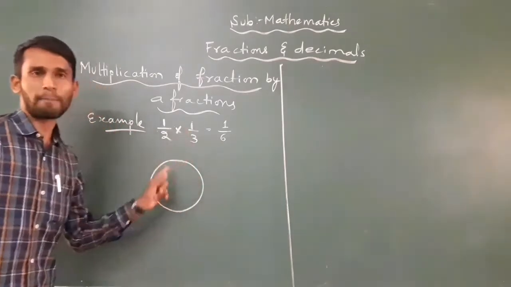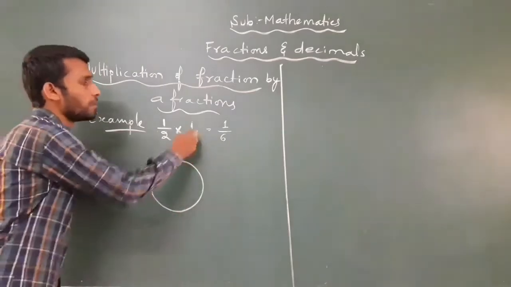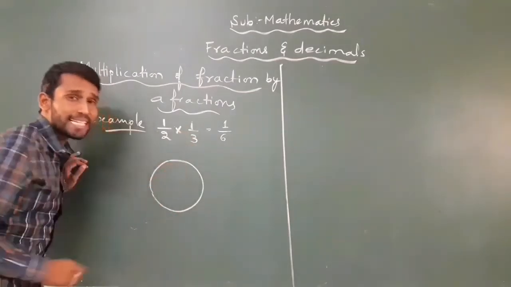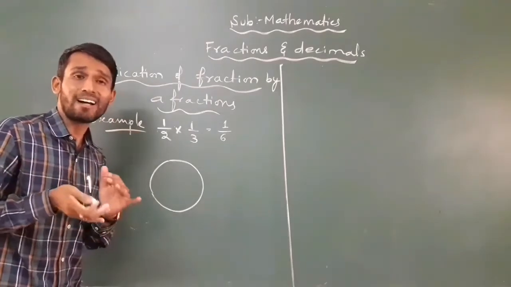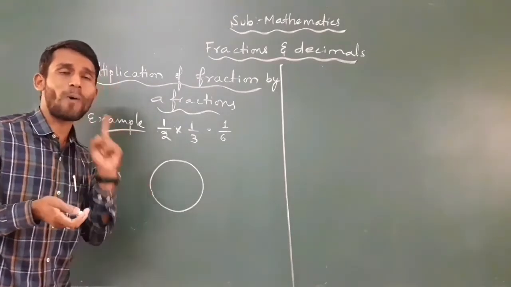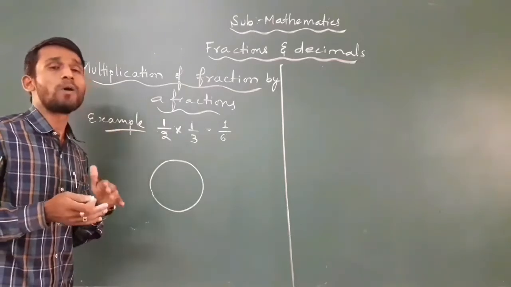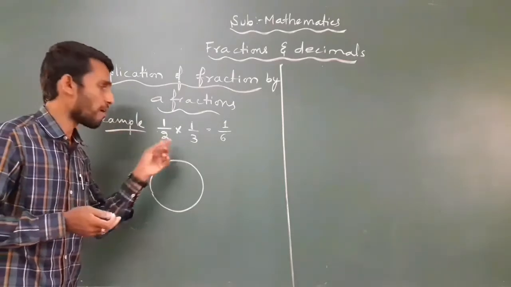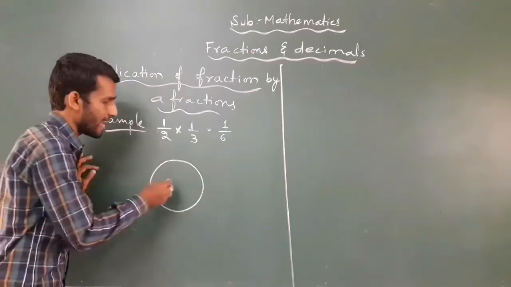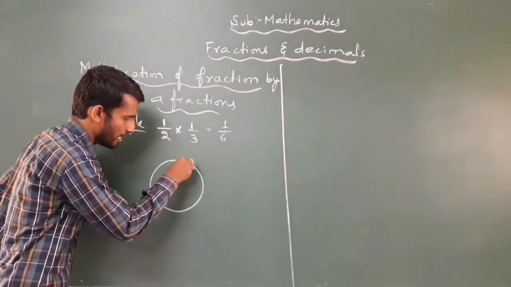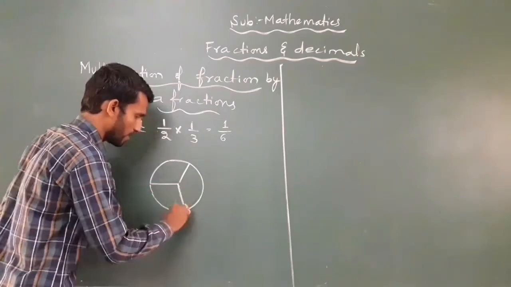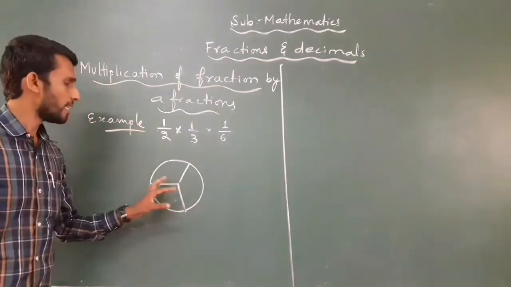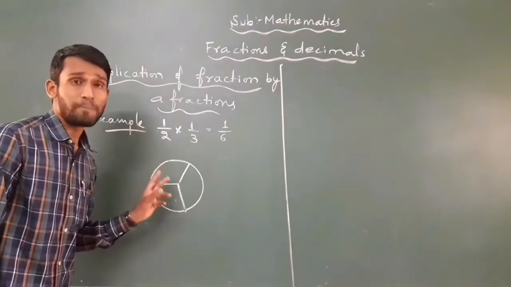We have to first represent 1 by 3 in this circle. We divide the complete circle into 3 parts, and within the 3 parts, we shade one part of this circle. See, I divided this circle into 3 parts.